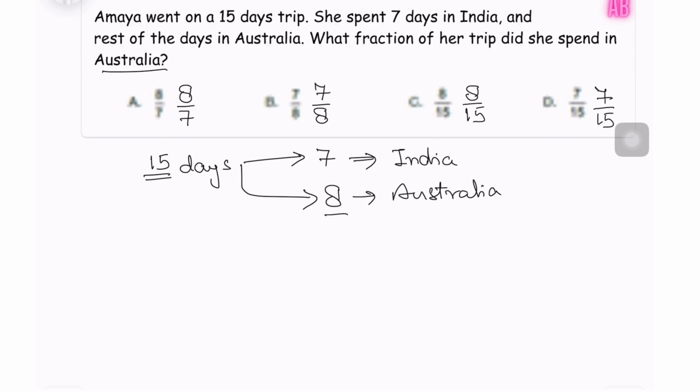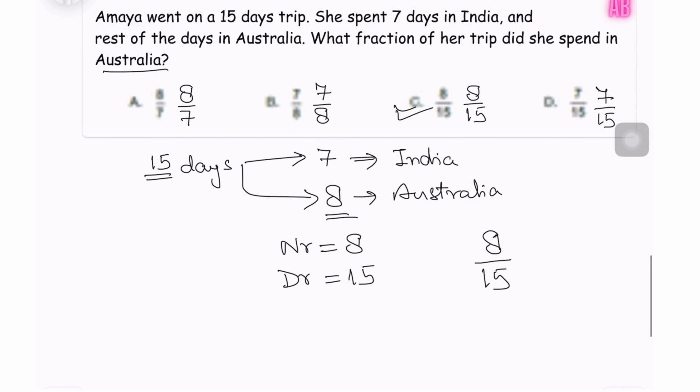How many days did she spend in Australia? 8. So the numerator will be 8. And what is the total number of days? That will be the denominator, that is 15. So the answer will be 8 upon 15, which is option number C.